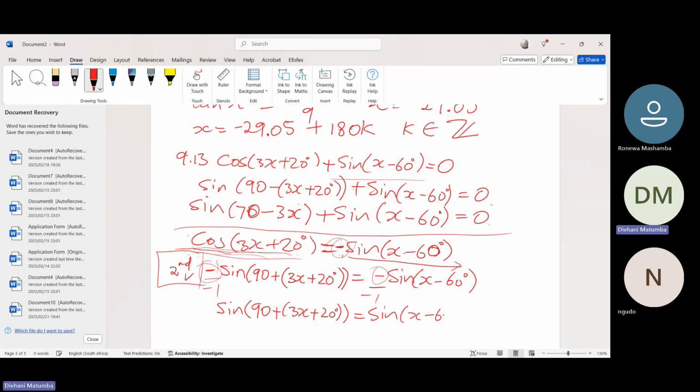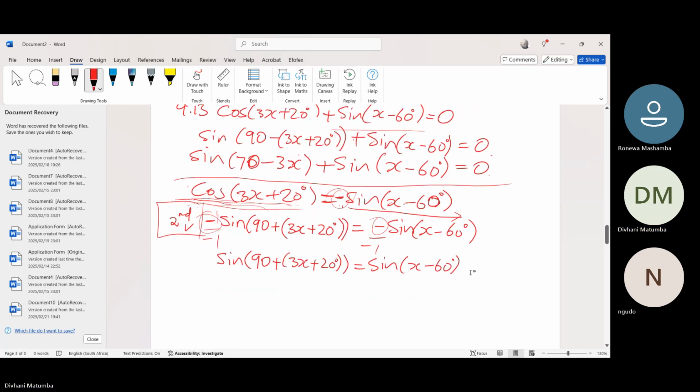Okay, now that I have the 2, what comes to your mind now? Ronel, am I allowed to say that 90 degrees plus 3x plus 20 degrees is equal to x minus 60 degrees? Am I allowed? Yes, sir, I would think so.